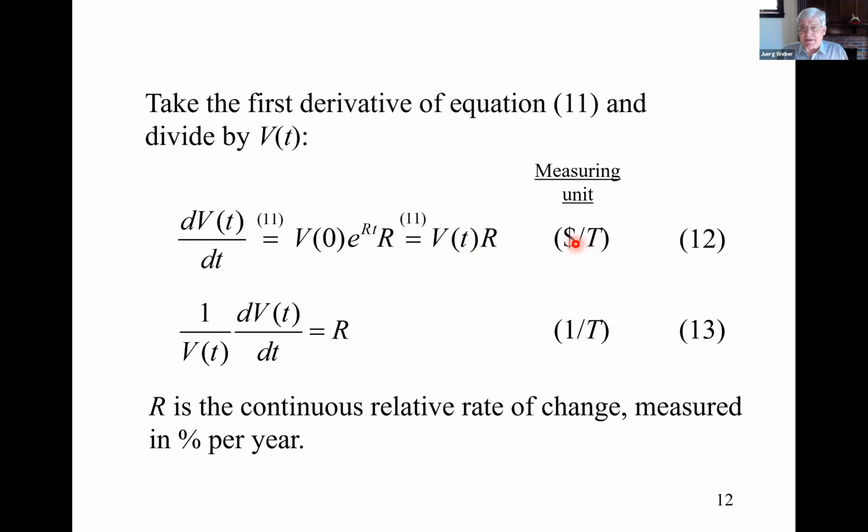Now in mathematics and also in science, you mostly work with absolute changes, absolute growth rates. But in economics and in finance, we also often use relative growth rates where we express growth in percent.